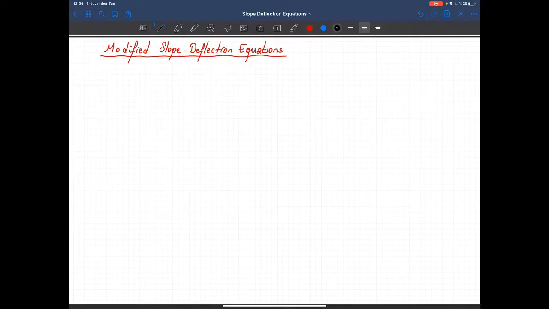In that case, this is what I'm going to analyze. Again, we have a member under certain loading. And this is the local x prime axis, local y prime axis of the member. And here I have a moment, MAB, but at point B, we know that moment is equal to 0.